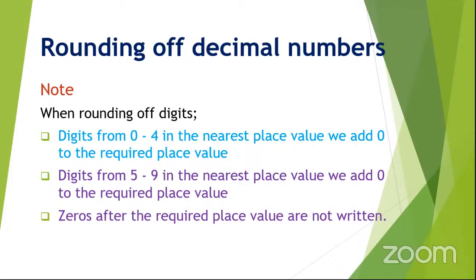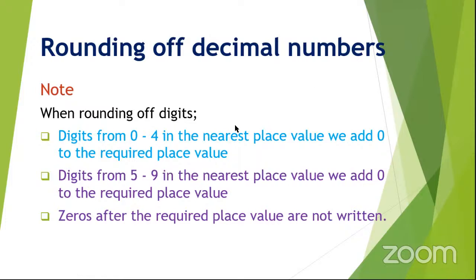But in whole numbers, we write them because they are place value holders. They represent the missing digits, so they give you a complete value of the number after rounding off. But for decimal numbers, the zeros after the required place values are not written. Then the question comes, what if that 0 is under the required place value? We are going to see that.